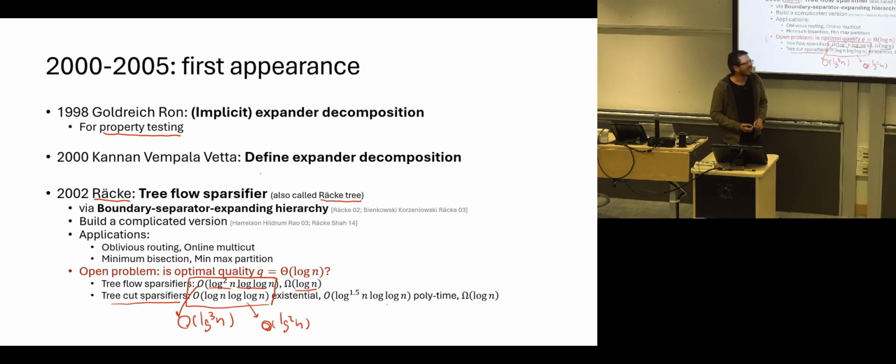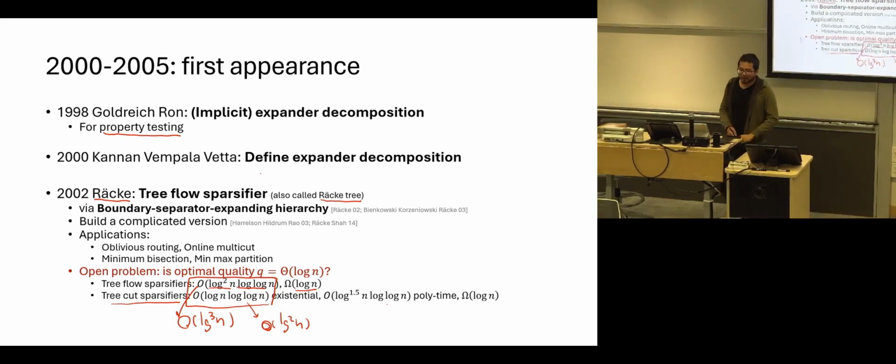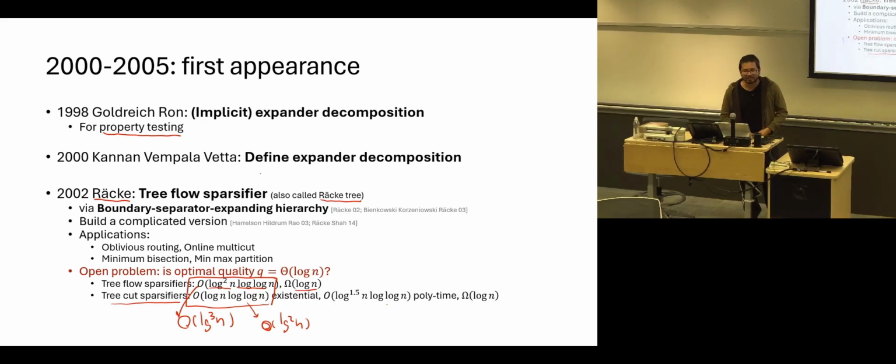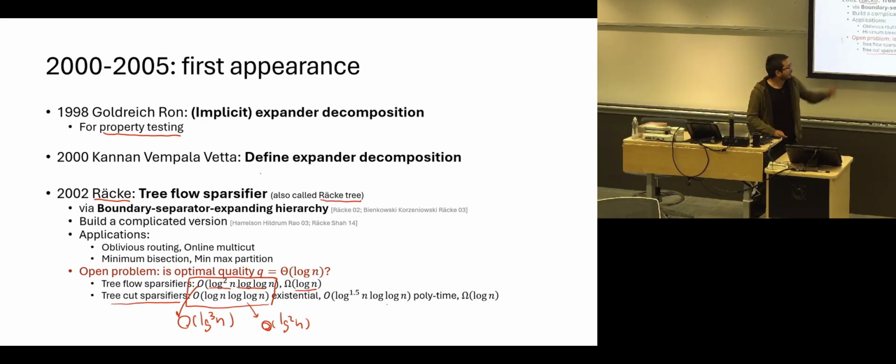So if someone wants to give an exposition for these two papers, it would be good for our community. But is log n the best? That's a really big open problem since 20 years ago.